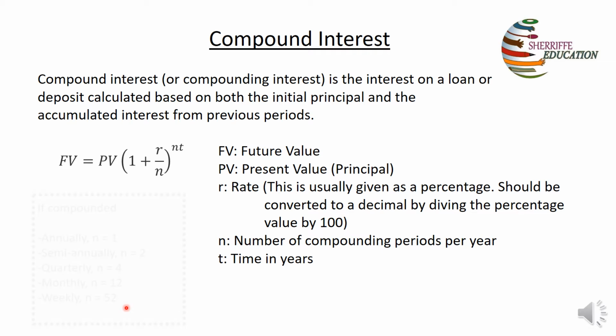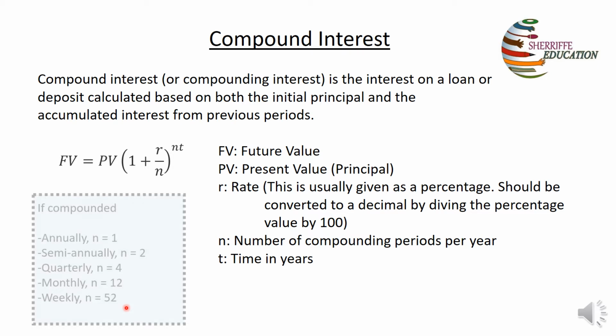Now, for the compounding periods, it is possible for the loan or the investment to be compounded annually. If it's compounded annually, then n is equal to 1, because that means it will be compounded one time for the year, so once per year.